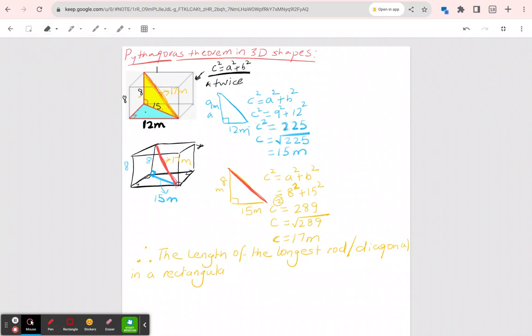I would say in the above, because it doesn't have to be any rectangular prism. You need to have these particular dimensions for it to be 17 meters, right?